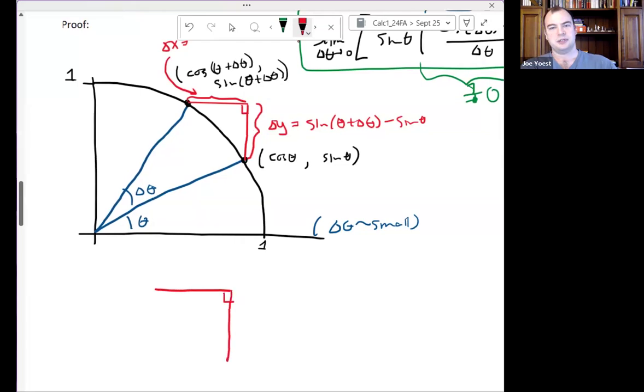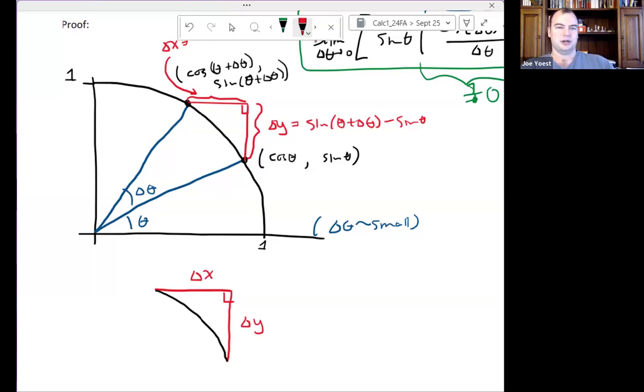And if I have this pseudo triangle, it's not quite a triangle, pulled out here. I have my black curve as an arc. I have delta y, I have delta x.